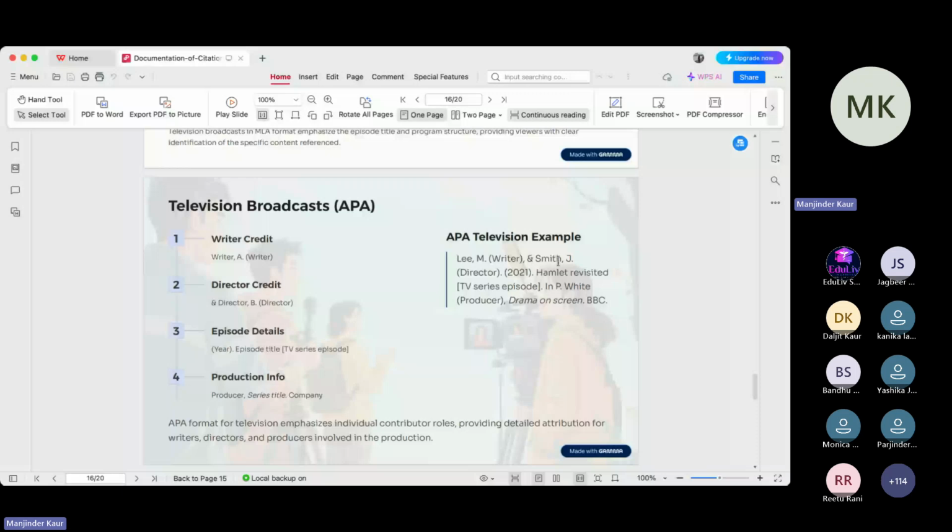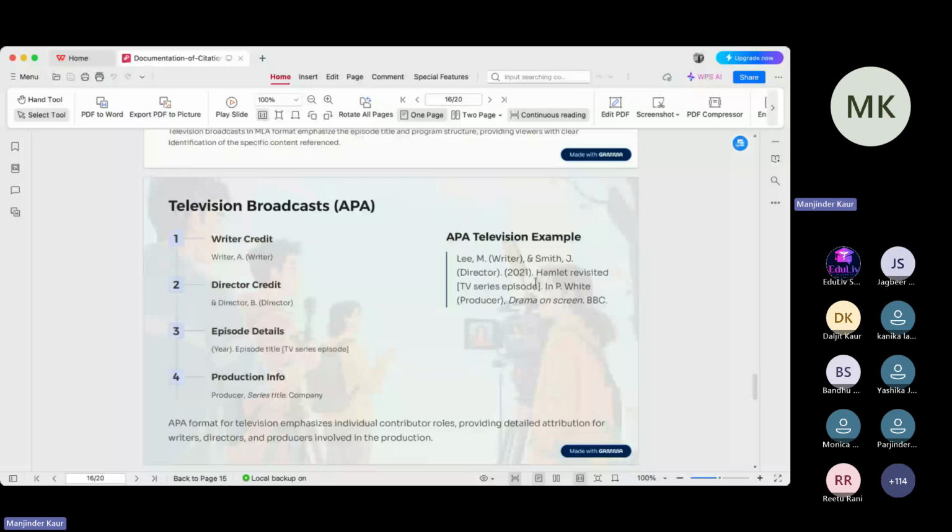The directors, when we are quoting two people, so first we'll put surname followed by first name. In the second, we will put the first name followed by the surname in abbreviated form. He's the director in the parenthesis, period, year in which the television program was broadcasted, right?